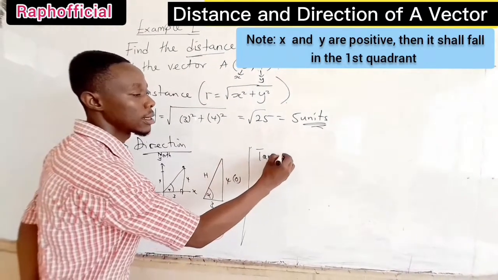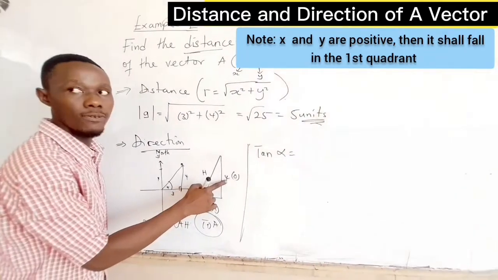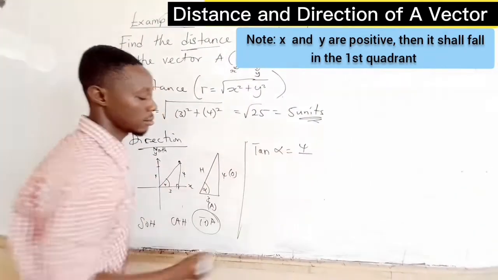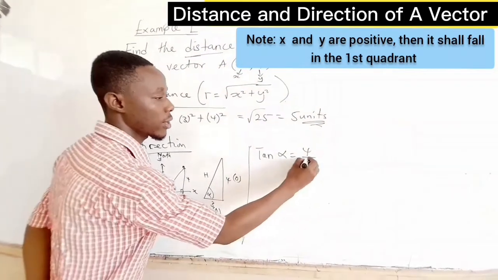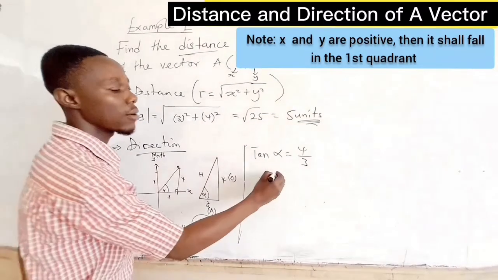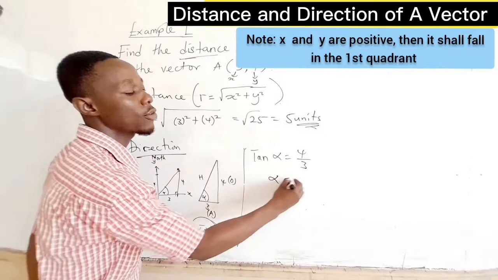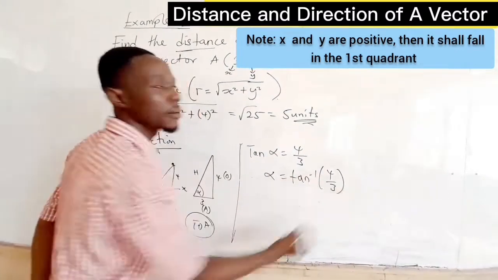tan alpha is equal to opposite, which is 4, over adjacent 3. We send tan to the other side. Then we have alpha equal to tan inverse of 4 on 3.